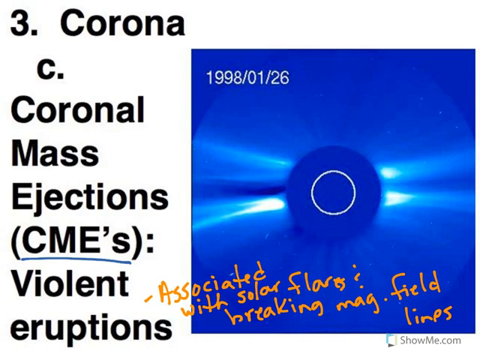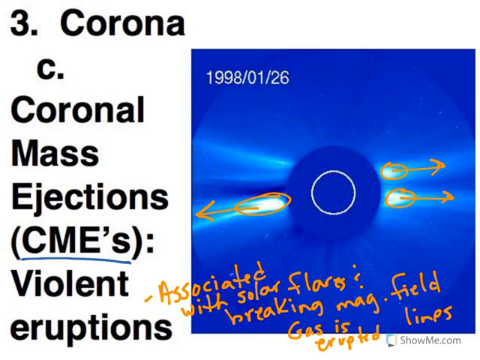And so in this case, not only is it charged particles, but actually gas that is erupted. And so these bright things that you see here, those are actually being shot out of the corona. Those are the coronal mass ejections.